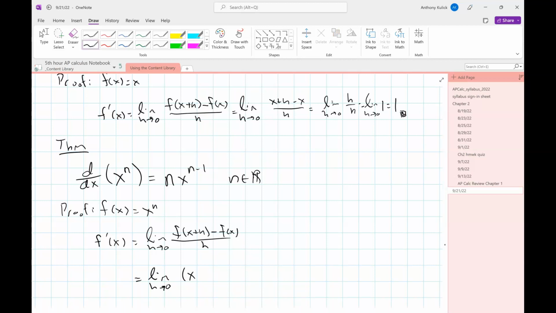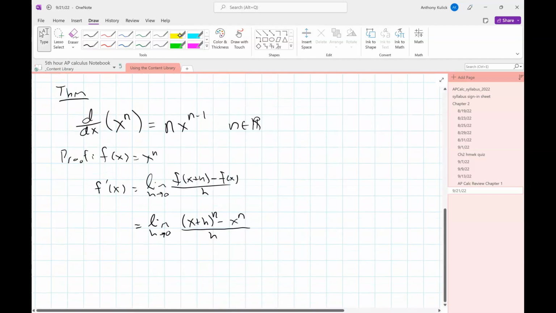Why is this going to get kind of yucky? Because of this piece right here. What's going on right there?